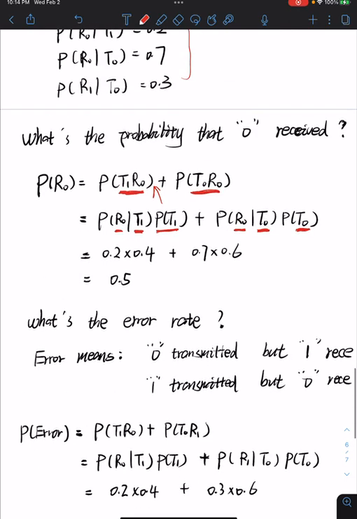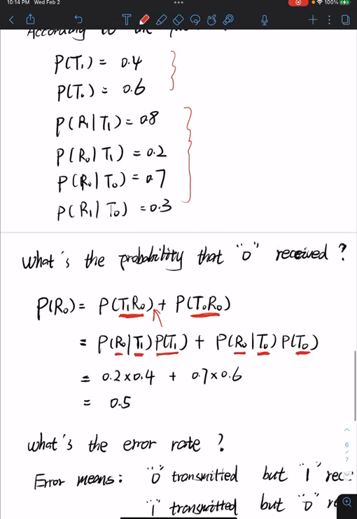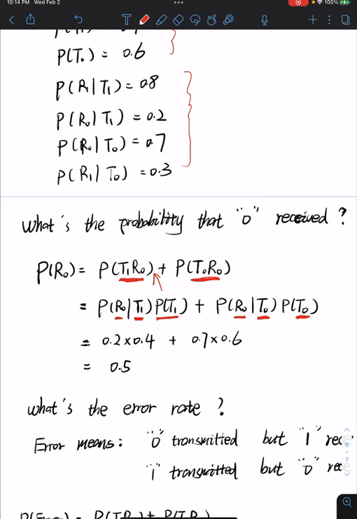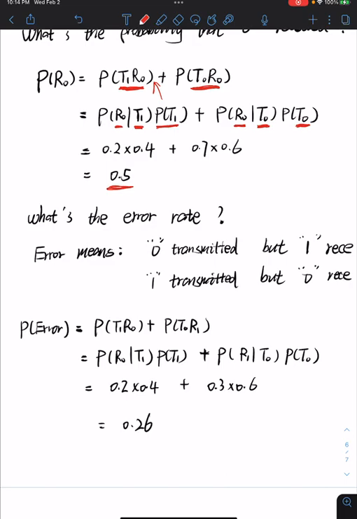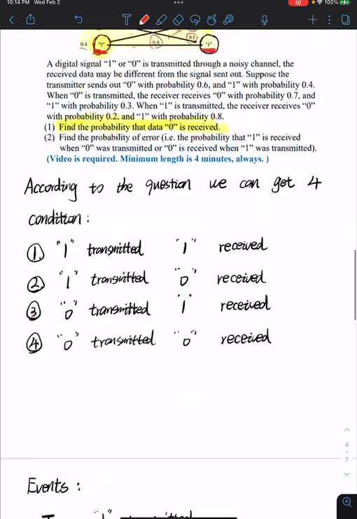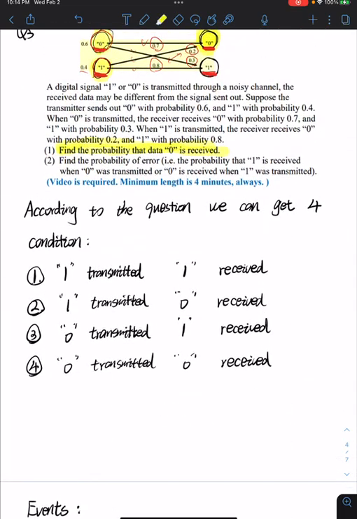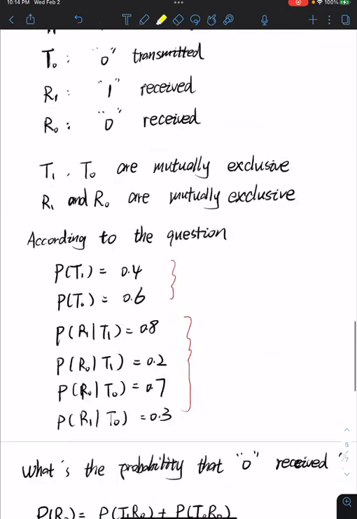And then we can apply the values to these equations and get the result: the probability that 0 is received equals 0.5.